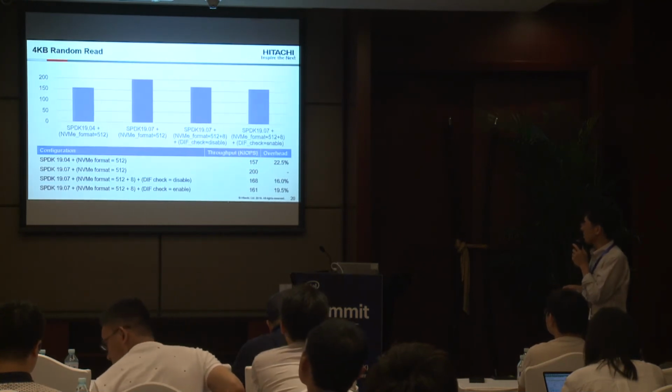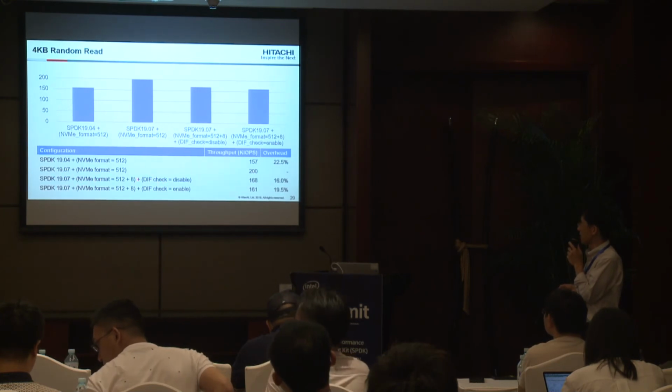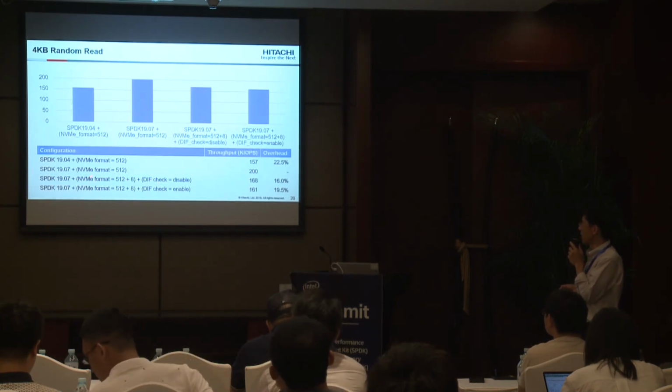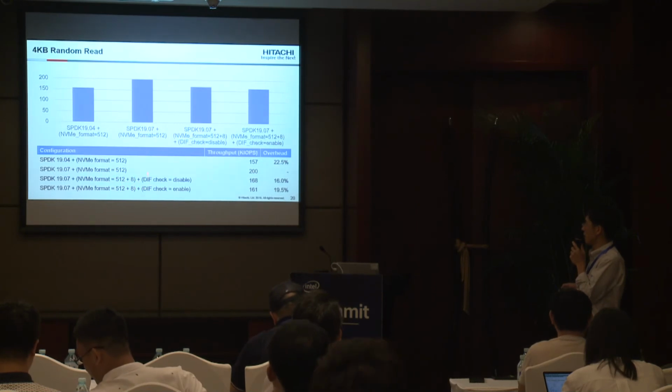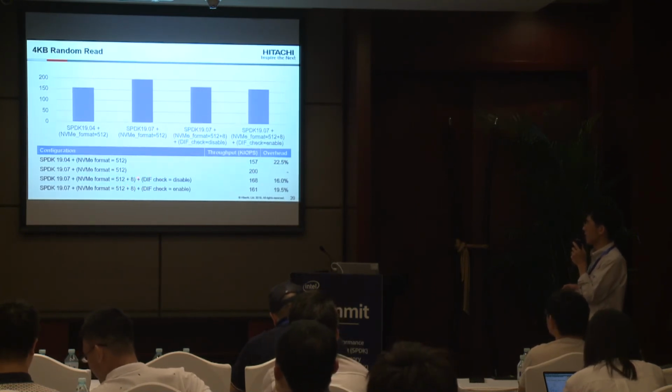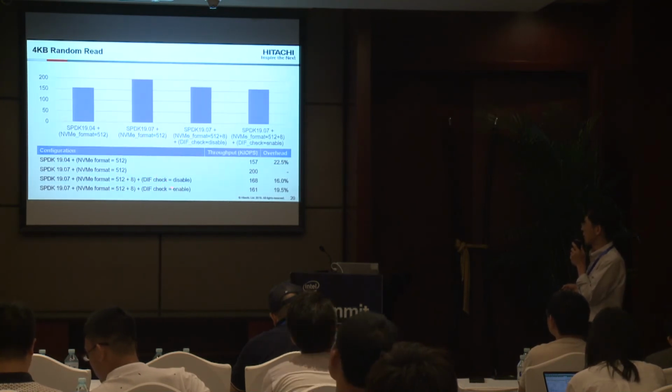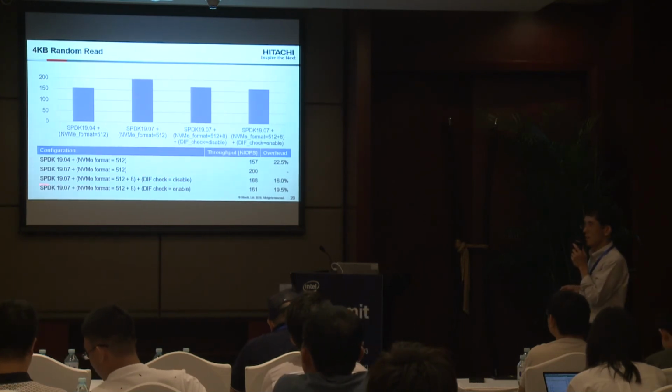And the third one means I changed the NVMe format to include metadata, so 512 plus 8, but I enabled only leaving space and not filling DIF data and not enabling DIF check. So just creating and removing the space.